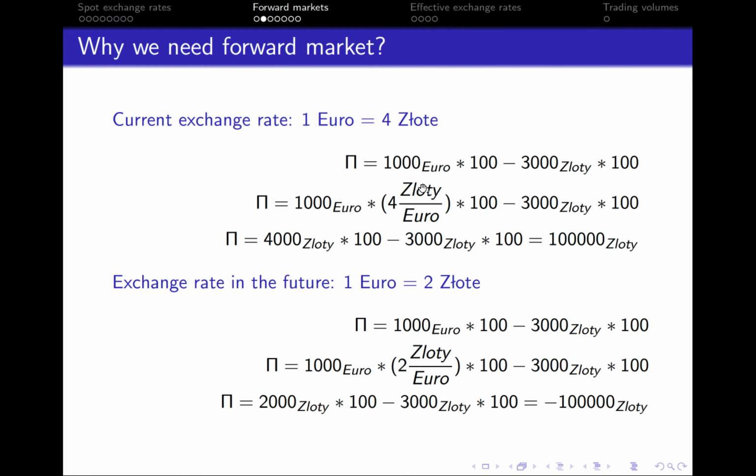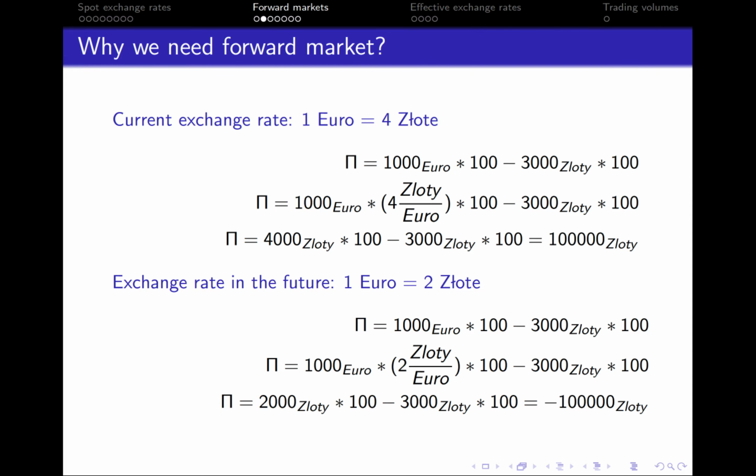We can get the number of zlotych we get for one bike by multiplying by the exchange rate, and we get that this is 4,000 zlotych per bike. And look, in this scenario, the company is able to make a profit of 100,000 zlotych, which seems like a very good deal for this company.